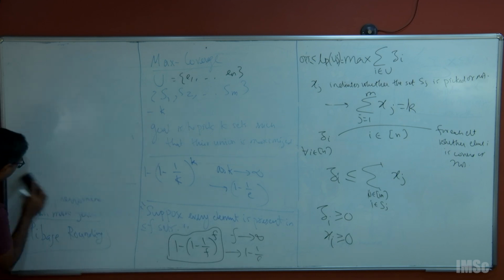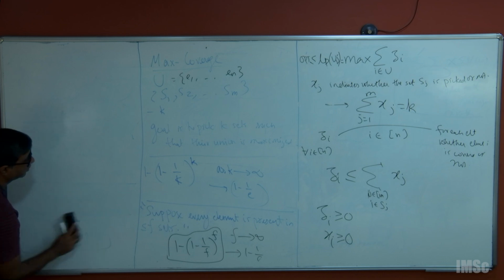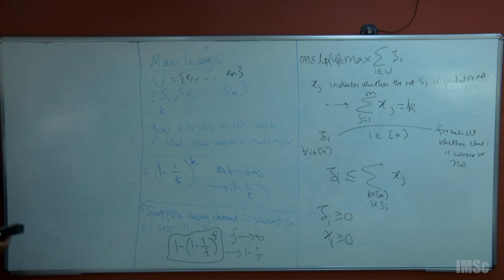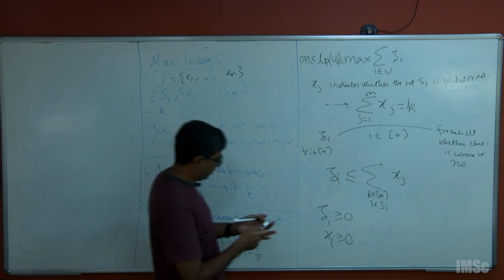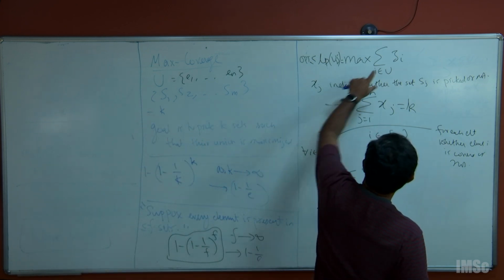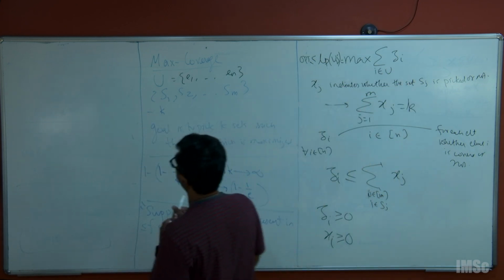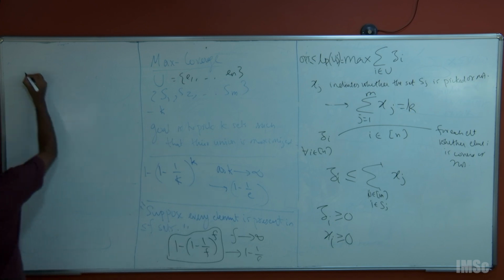Now imagine this looks like a bit of a hairy LP. For a reason which will become a little clearer later, I would like to eliminate these variables Zi. What do I want to do?